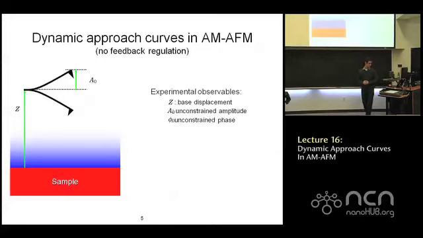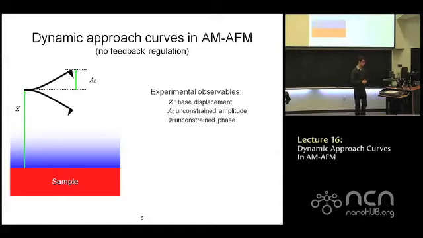Initially, we'll excite the cantilever far removed from the surface of the sample, and here the cantilever attains an amplitude of A0, which we refer to as the unconstrained amplitude.